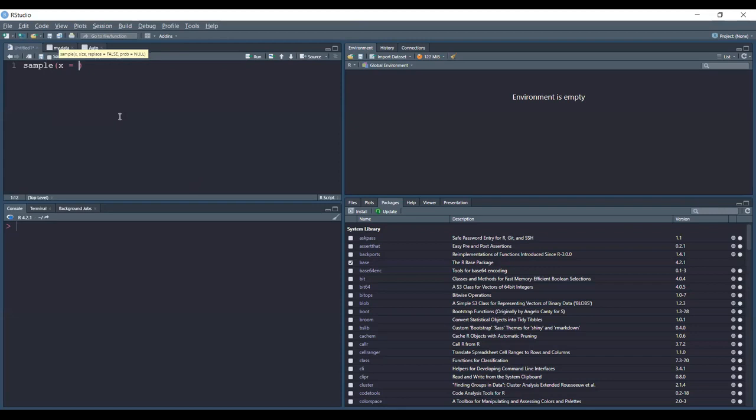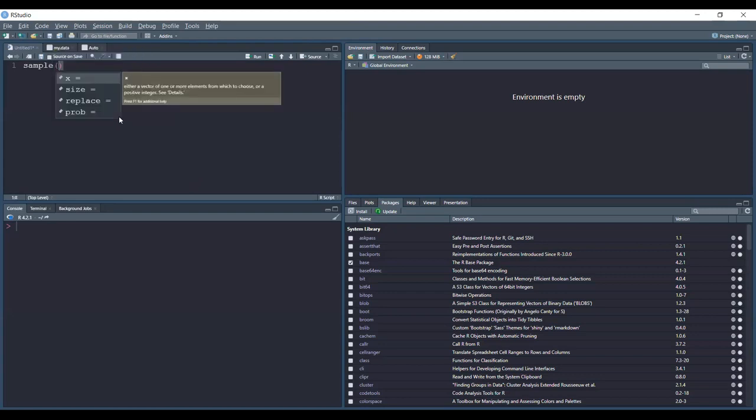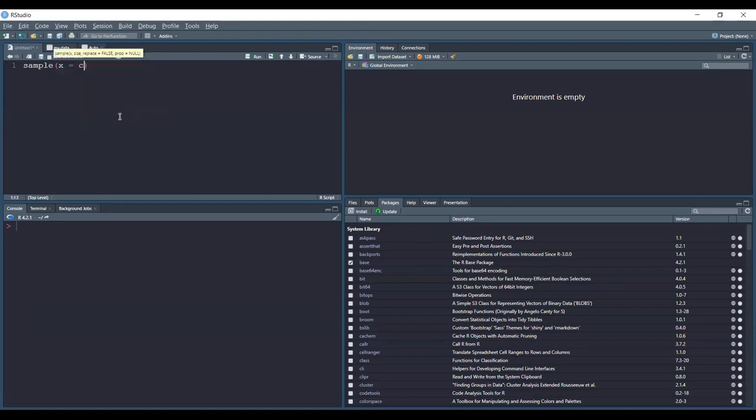I think we need to say, for example, 10,000 rolls of the dice. So what does size mean? This is just x is the set from which to choose. So we'll say from 1 to 6. Let's do it 10,000 times.